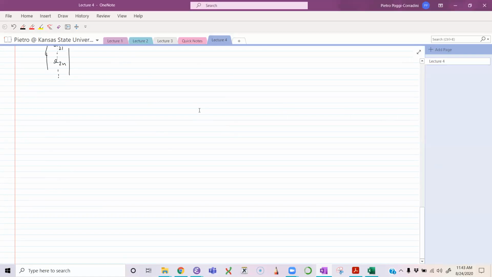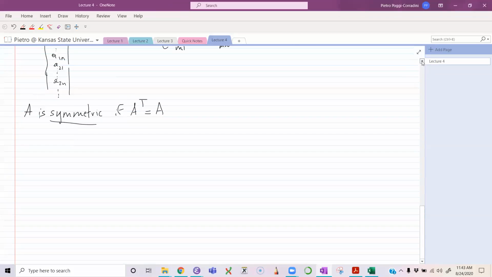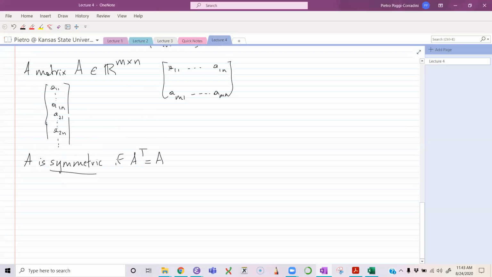All right, so a matrix is symmetric if the transpose returns the matrix itself. Remember, the transpose is when you turn every row into a column. It's kind of amazing sometimes, if you think about it.